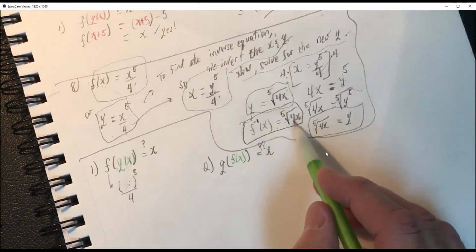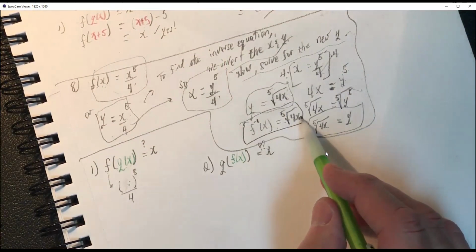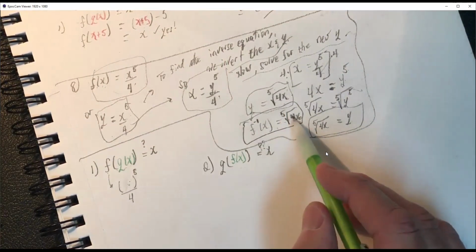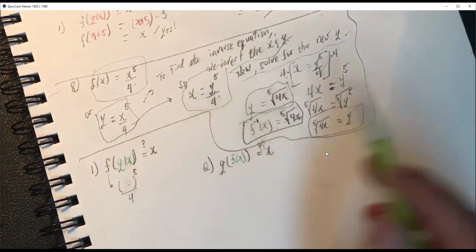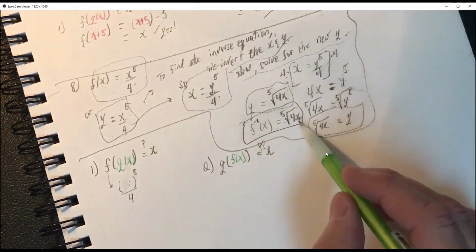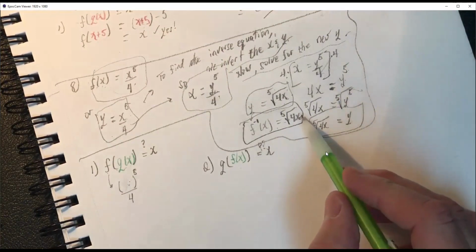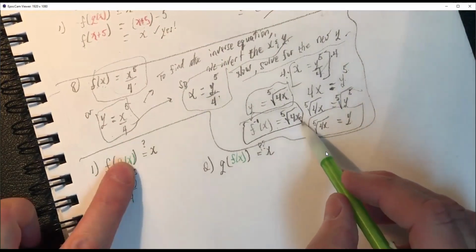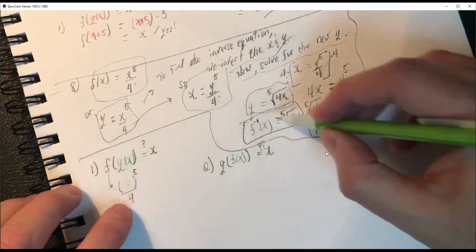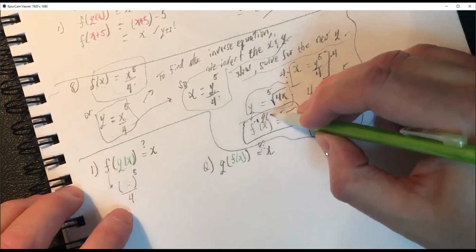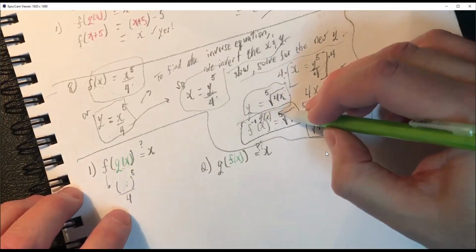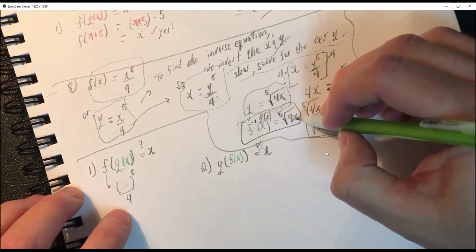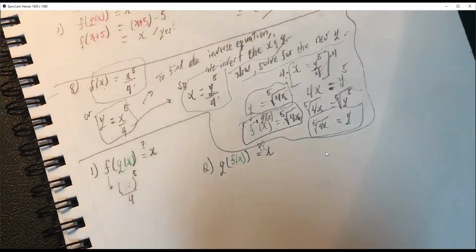Let's say you put a 2, 4 times 2 is 8, and you put the fifth root of 8, and that would be the range numerical value, and then we would put that into f. But they're asking us to show it in general. So in general, for any x we put into function g, we get the fifth root of 4x as our range expression. So I hope that makes sense.